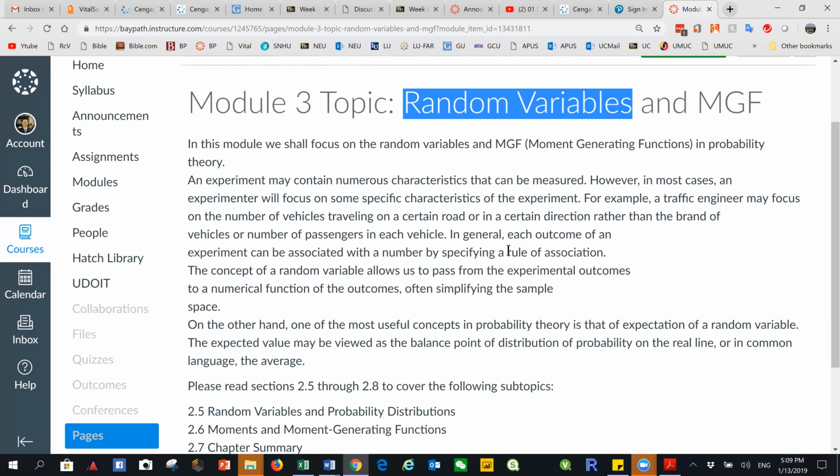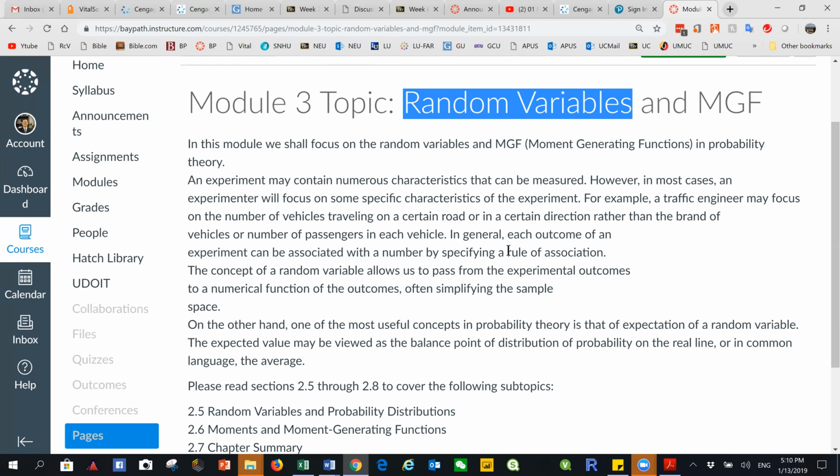The height that corresponds to a certain specific value at a certain point of the real line is the probability. And so if you connect the height of all the probabilities of every single value, you will get a continuous probability distribution. Okay, so that is a general overview of the random variable.